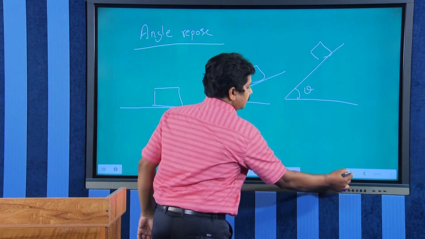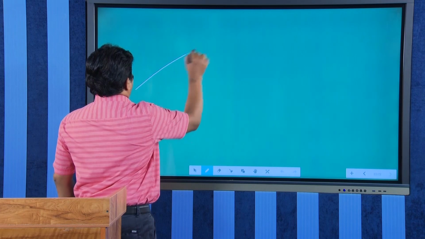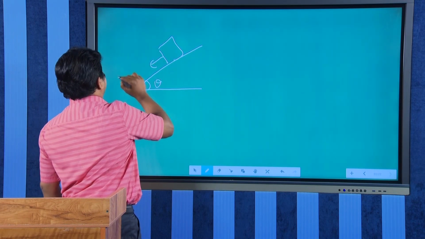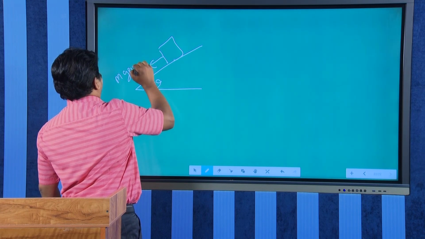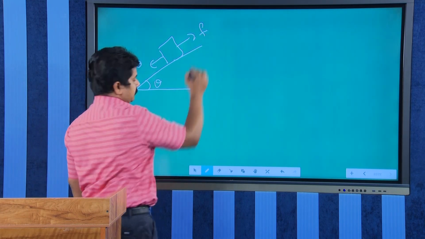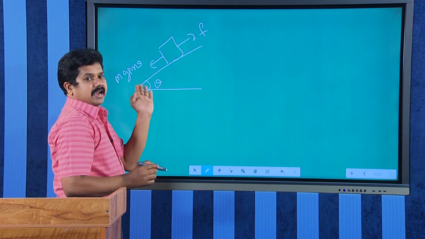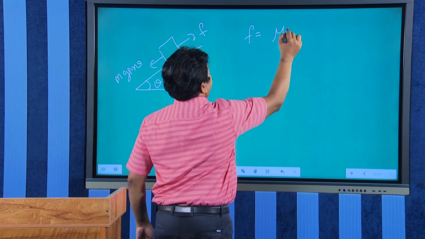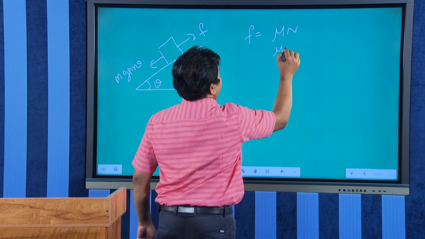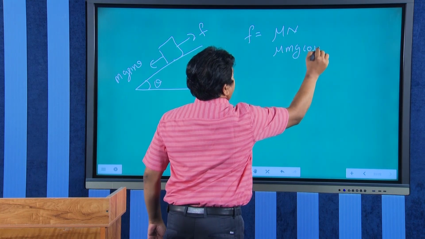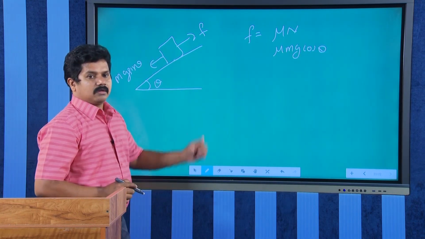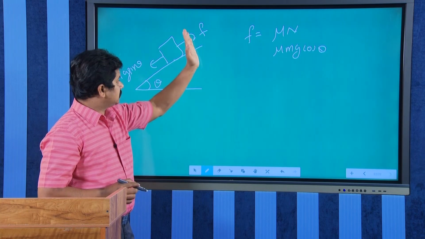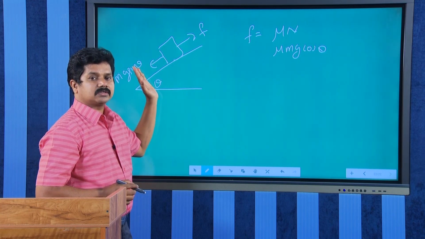What is happening here? When the block starts sliding down, the downward mg sin theta will just balance the friction. We know it is sliding down. So, the friction is how much? Maximum value, that is mu into normal reaction, mu into mg cos theta, right. It is just sliding down, which means no acceleration, constant velocity.